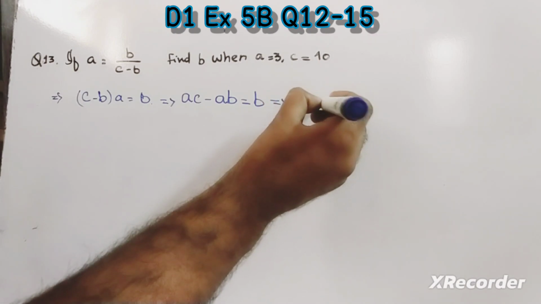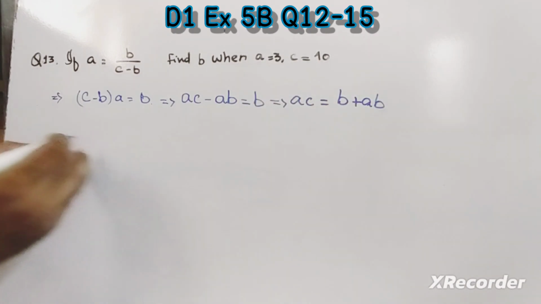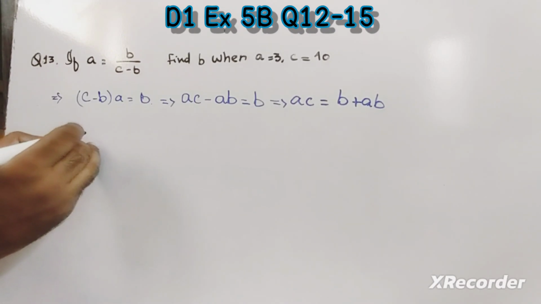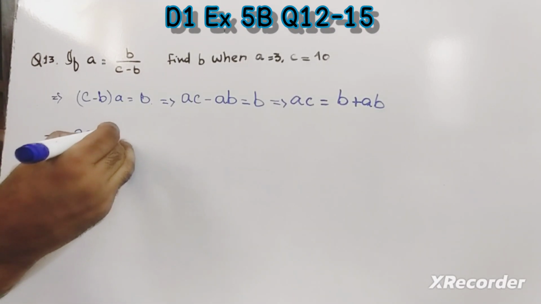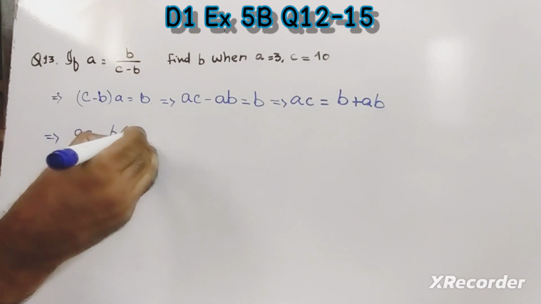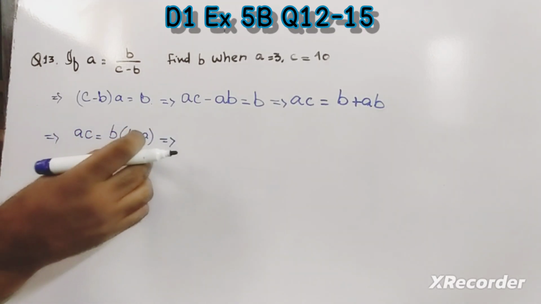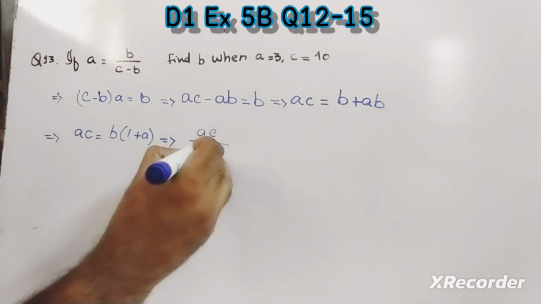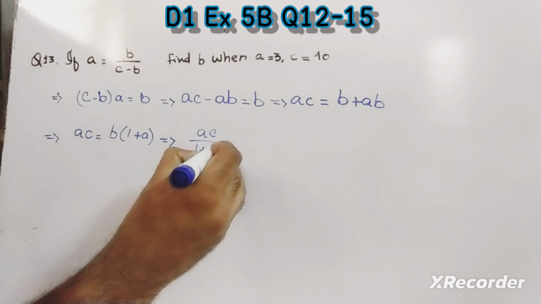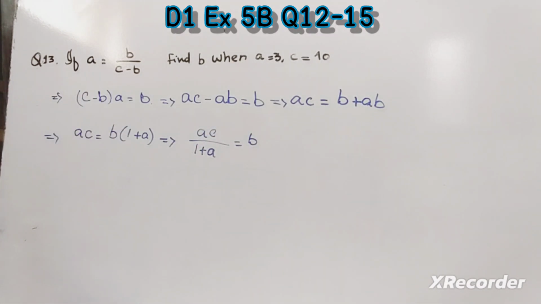AC will become B plus AB. Now AC is equal to, taking B common, what remains 1 plus A, and move this bracket like that, AC upon 1 plus A is equal to B. Now this is our required formula.